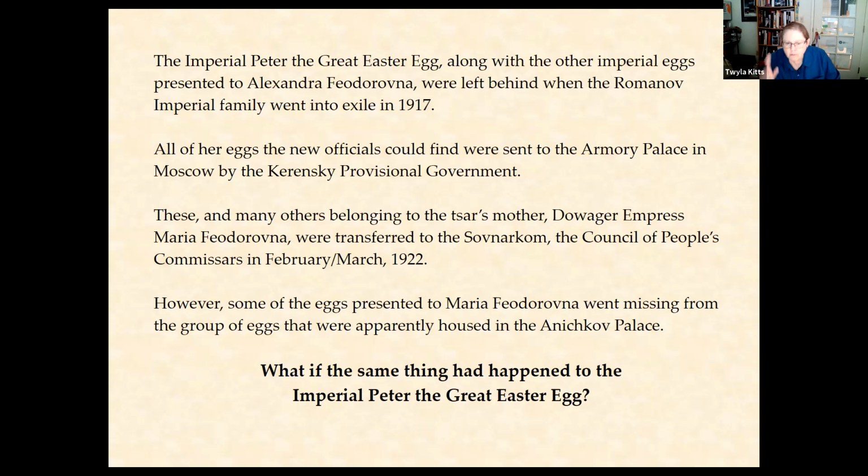However, some of the eggs presented to Maria Feodorovna mysteriously went missing from the groups of eggs that they think were housed in the Anichkov Palace. So what if the same thing had happened to the Imperial Peter the Great Easter egg?